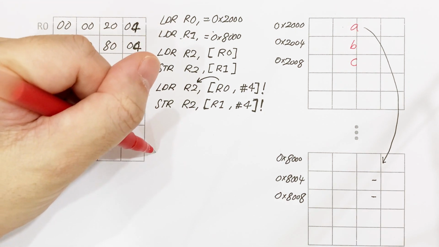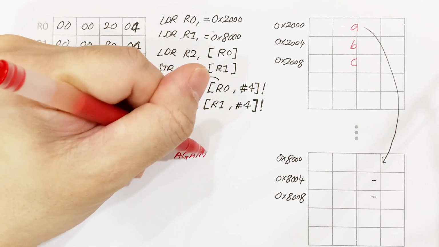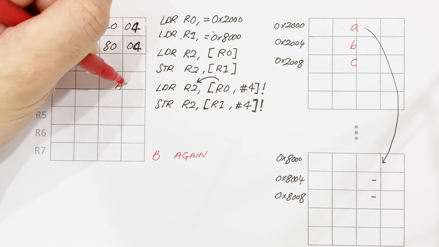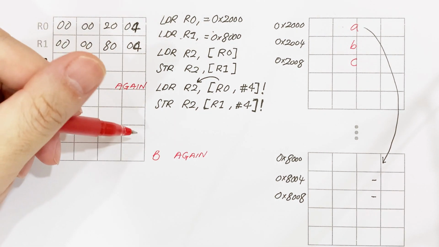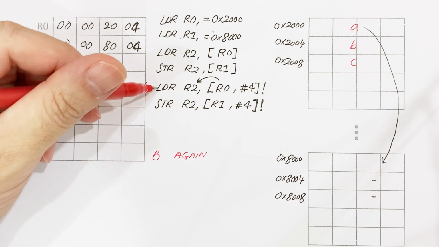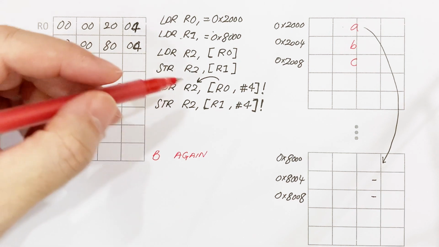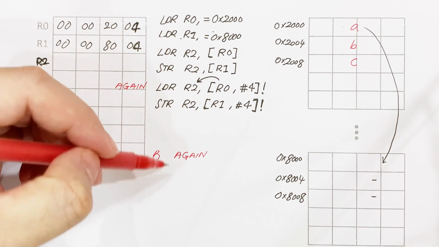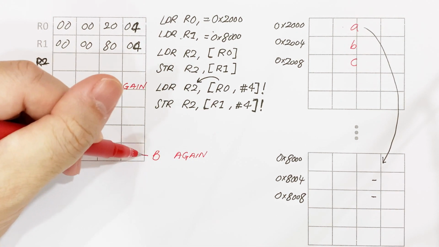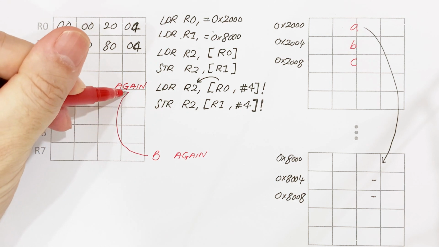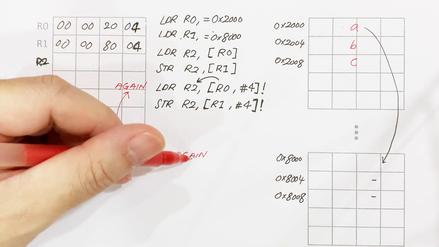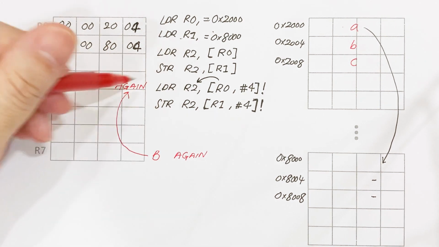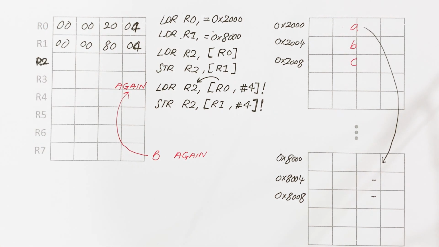So if I put a branch to the label again, if I put my label over there, after you finish loading data to R2 and storing R2 back to the memory, the processor will jump back to the label again, as what you put in the label, and repeat the same process over and over again.